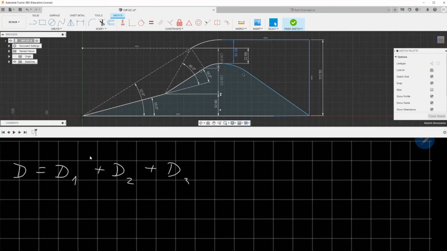So this is drag 1, drag on this surface, drag on this surface, okay? And this small one inside the chamber can also be added, okay?